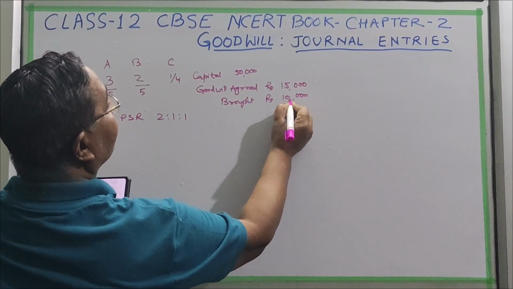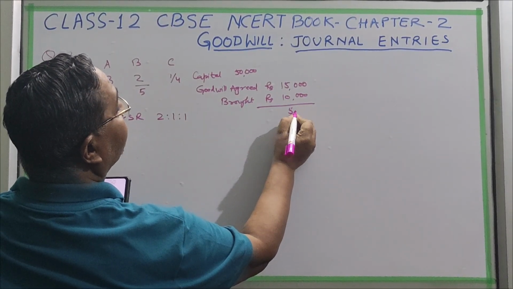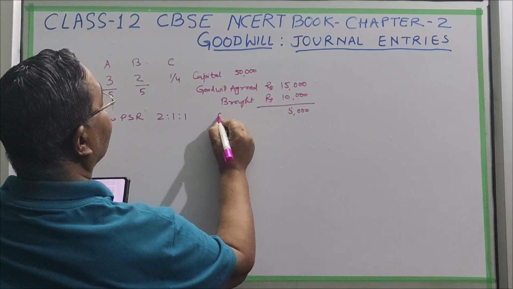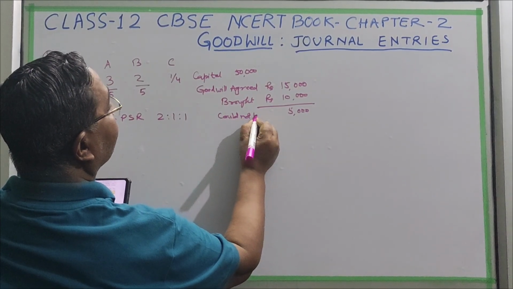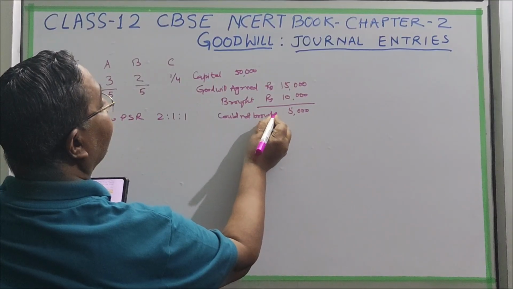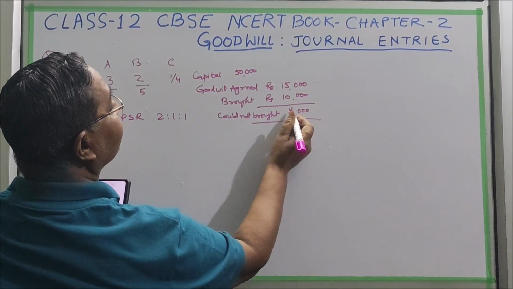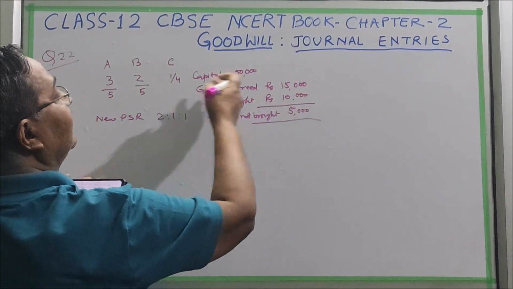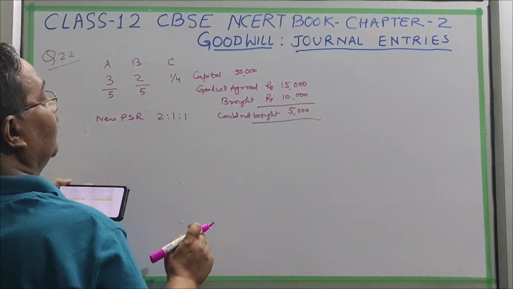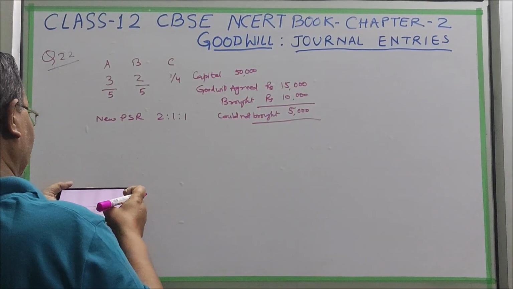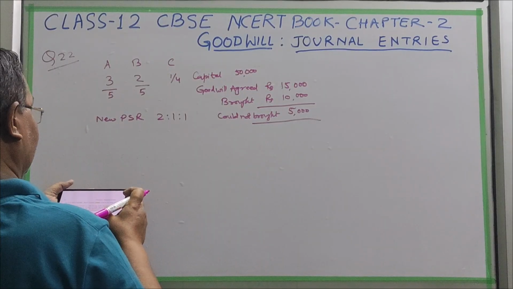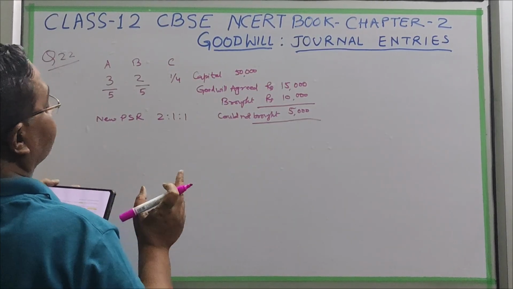So 5,000 he could not bring. So here is the catch. Otherwise, the question was like the previous question. Here he could not bring 5,000. What to do? Record the necessary journal entries in the books of the firm.